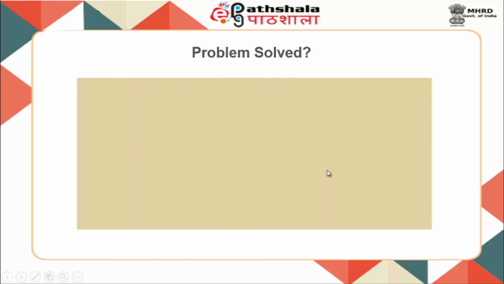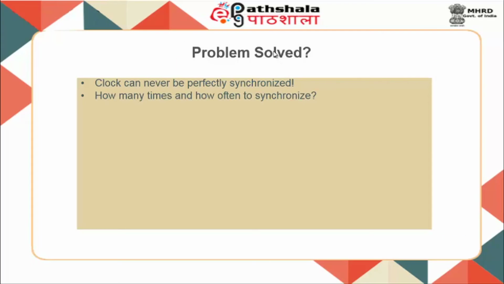So, do we have all the problems resolved? Even when we are trying to synchronize our clocks, unfortunately the drift can never be set right. The question that comes is how many times we should synchronize, how often we should synchronize, and more importantly, what is the price of synchronizing.